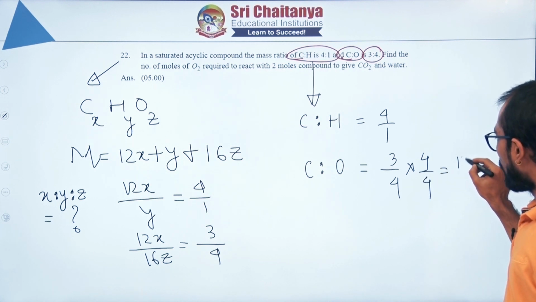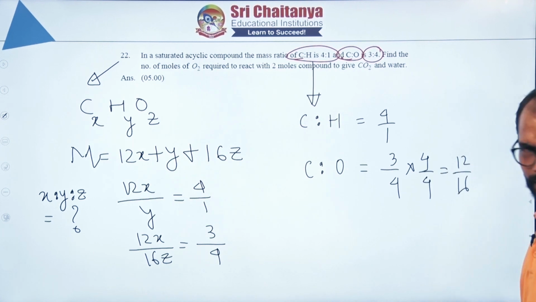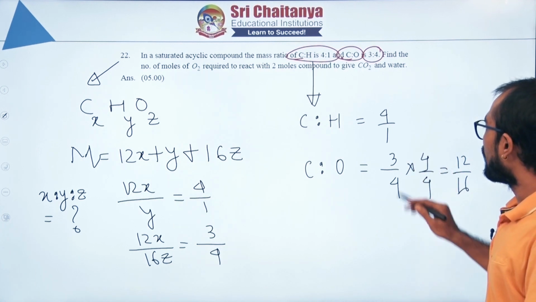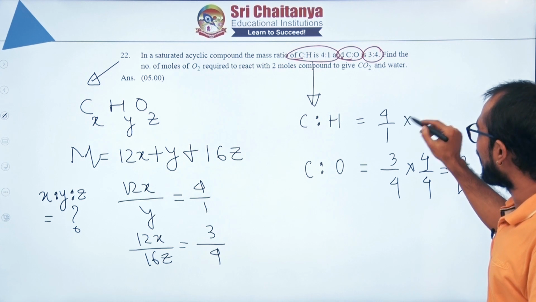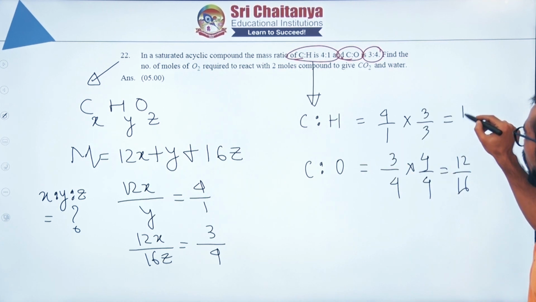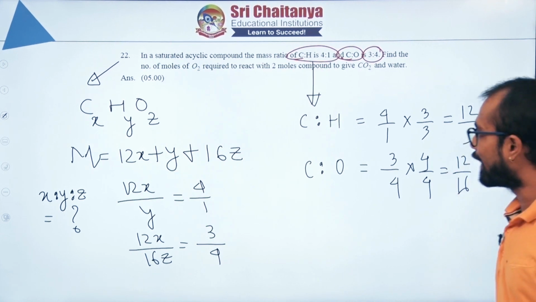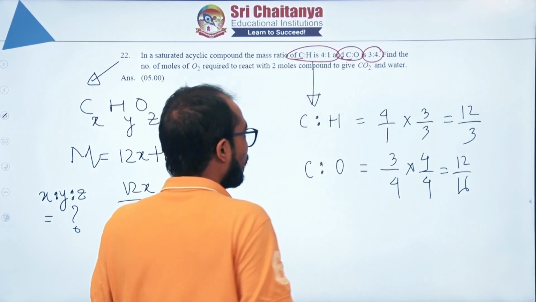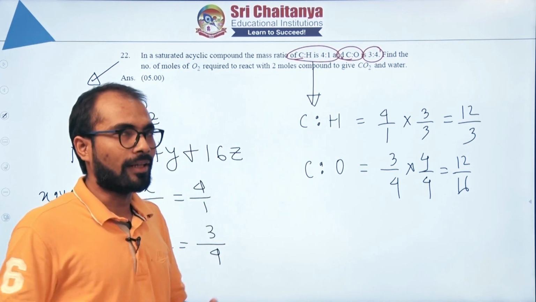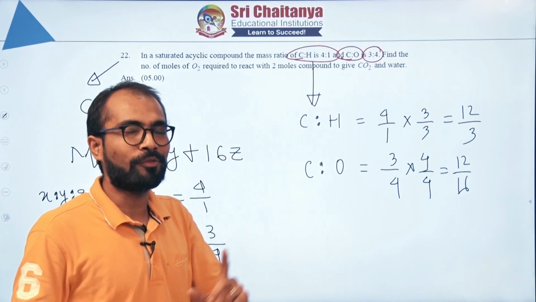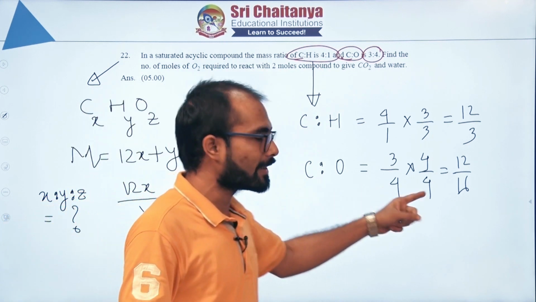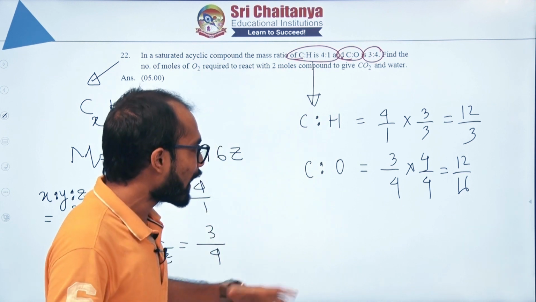So what will it become? 12/16, which is also the same as 3/4. Here also I am multiplying both numerator and denominator by 3, and I will end up with 12/3. Now, these are mass ratios, people. Why did I do this? I did this deliberately, because the atomic weight of carbon is 12 and the atomic weight of oxygen is 16.